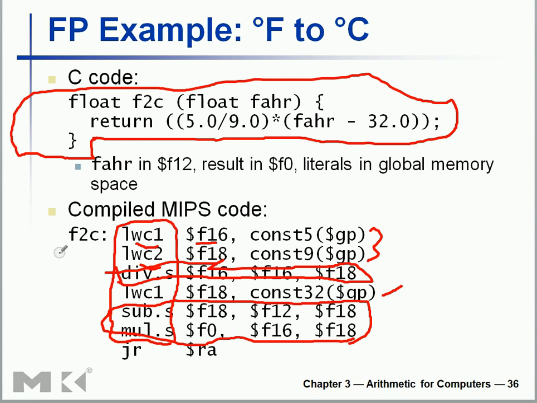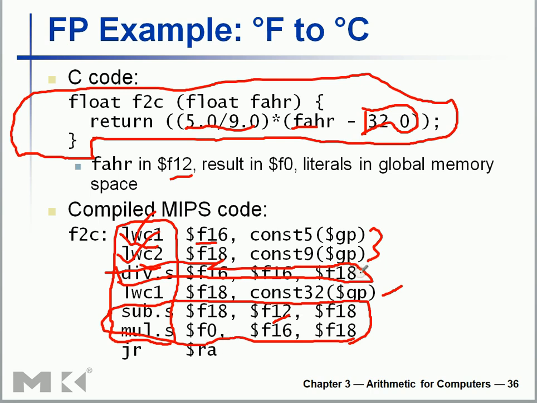If you want to explain this, then it is just load 1, load 2, load these two, divide them, then load fahar, which is at F12, and then you have to load this first. So load this first, F18, which is 32, and then subtract it from fahar, F12, and then you store it on F18, and then multiply these two results.